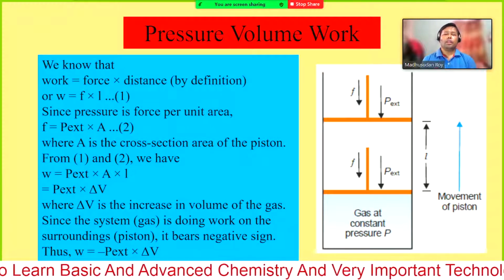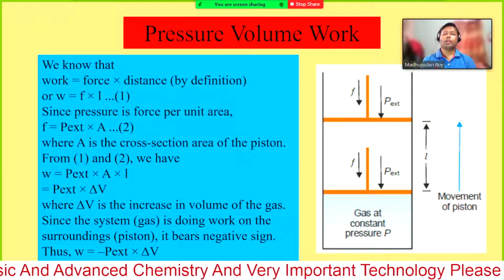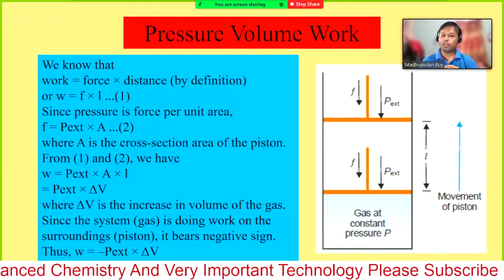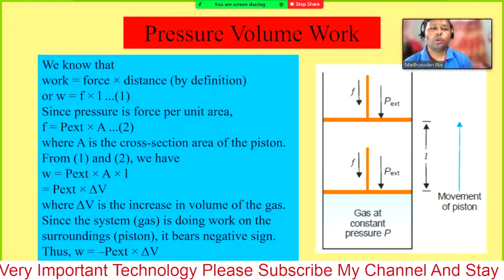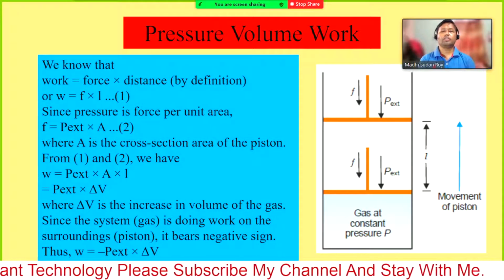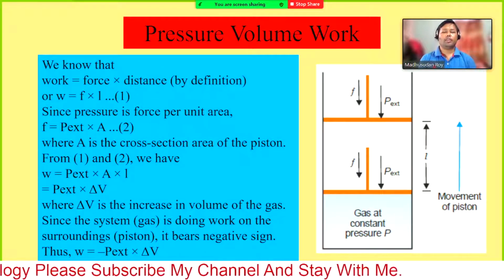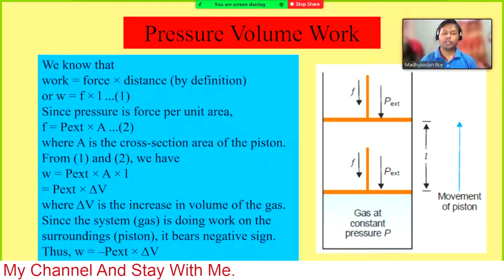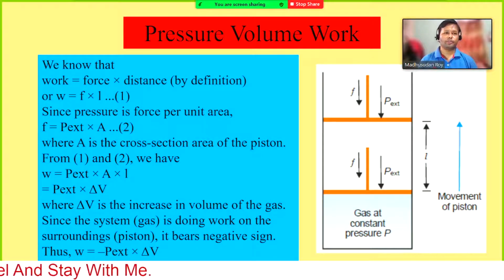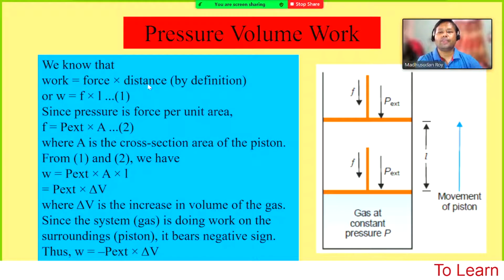If you do not have any displacement, any movement, that means no movement of the substance, that means no displacement. Even if you apply a very huge amount of force, still there is no work, because work is the multiplication of two different terms.